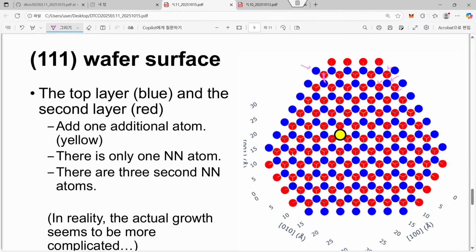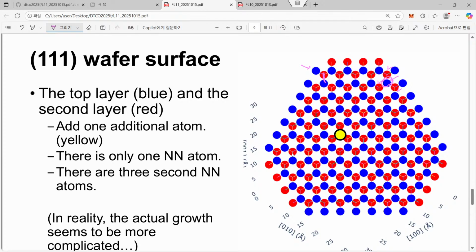This blue one is at the body center of this tetrahedron, and we have three vertices of a tetrahedron as red dots.